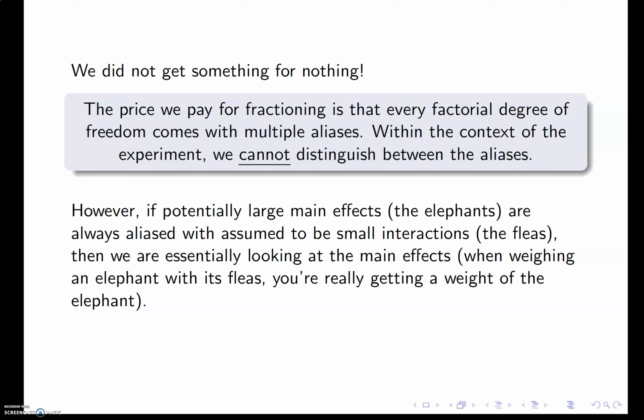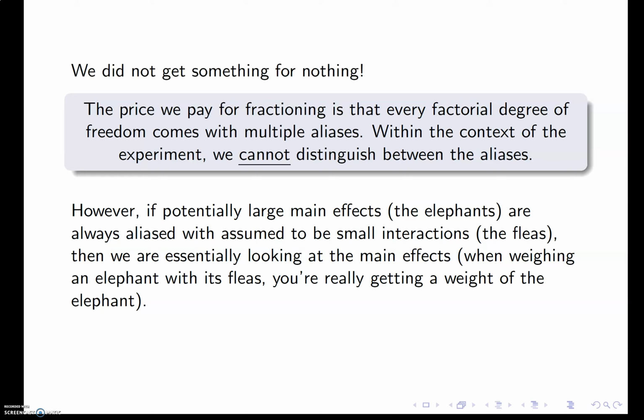When the degree was 2, we had 4 aliases, 2 to the 2nd. Within the context of our experiment, we can't find a difference between those aliases, so we lose that information. This is why you want to choose your defining contrast carefully so that you don't alias important effects in your experiment.